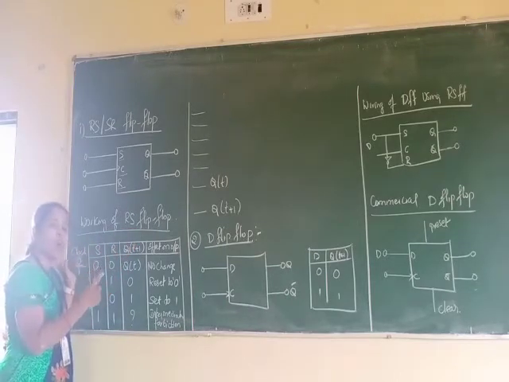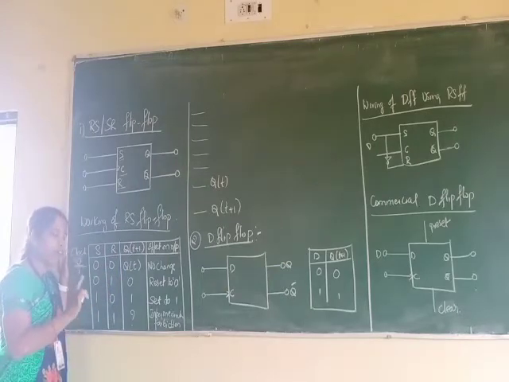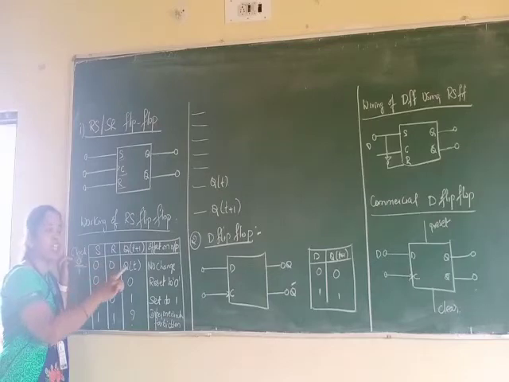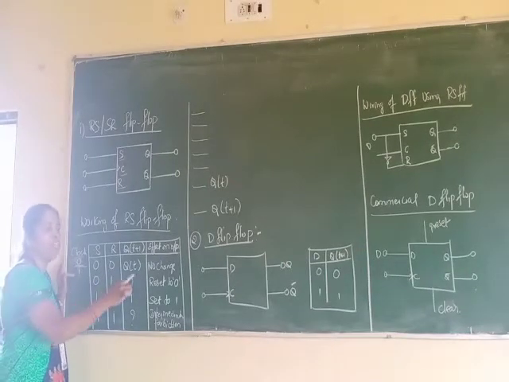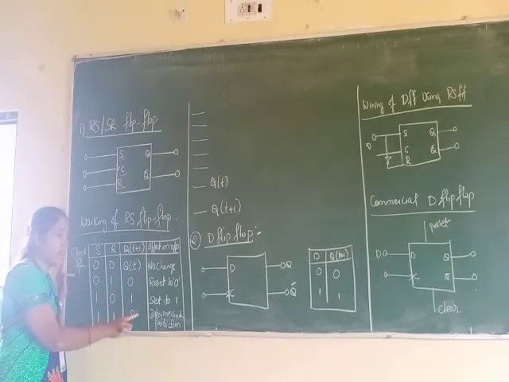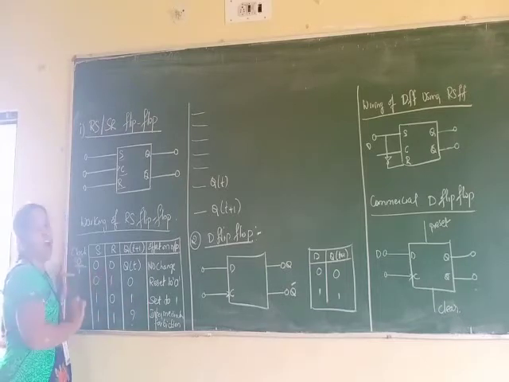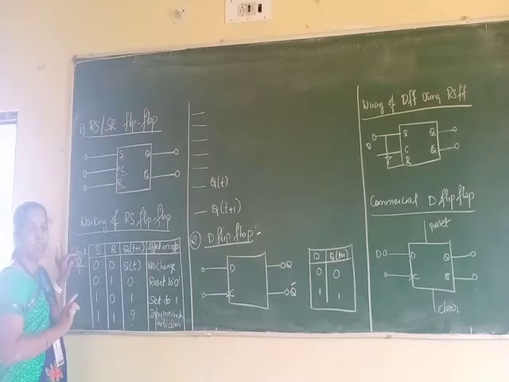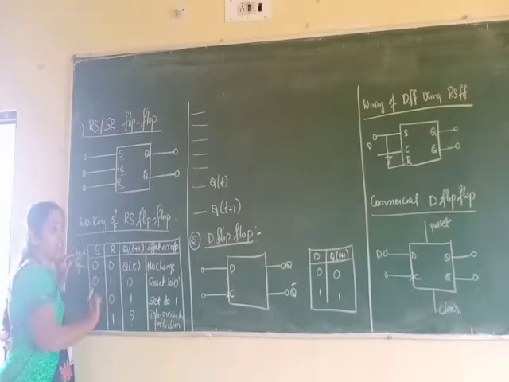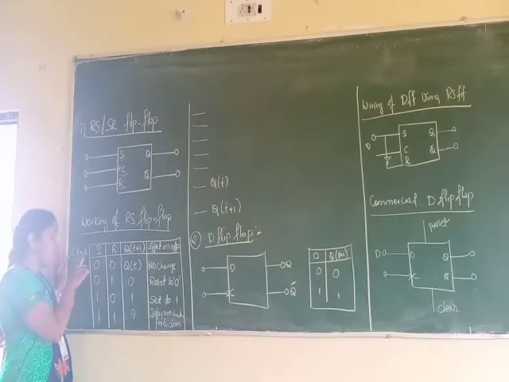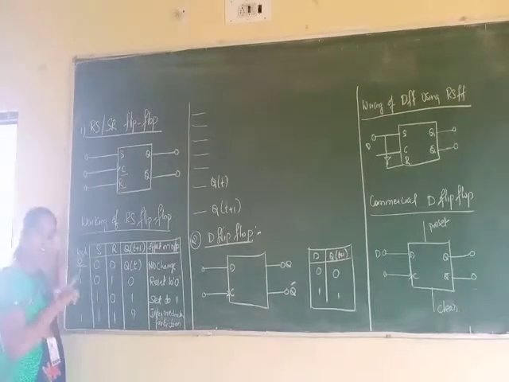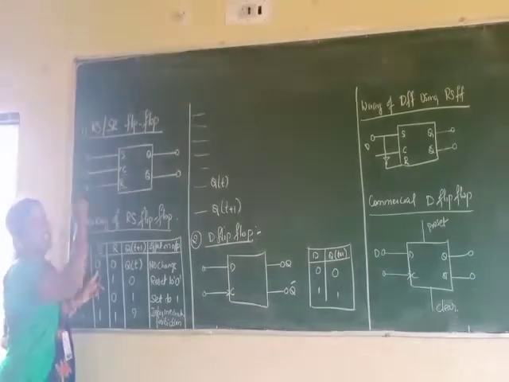First point: if the clock signal is 0, it does not change the output, irrespective of the values of R and S. Once the clock transitions from 0 to 1, the output changes depending upon the values of S and R. So the clock signal is used to generate the output: when it is 0, no change; when it moves from 0 to 1, for all the states it will be 1 only.